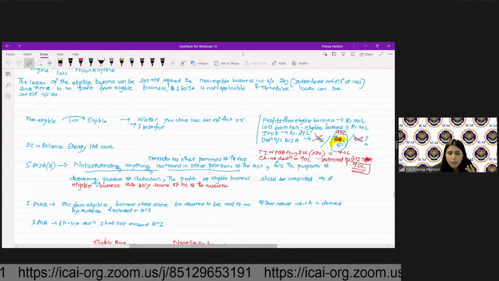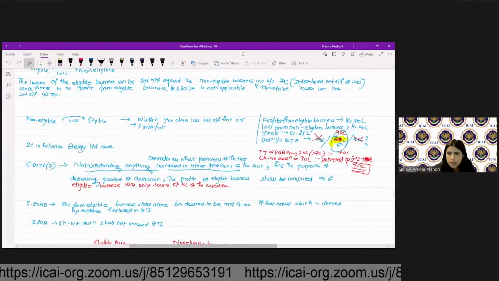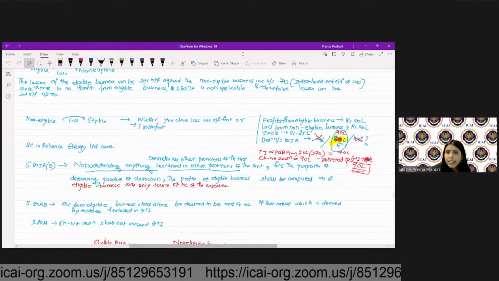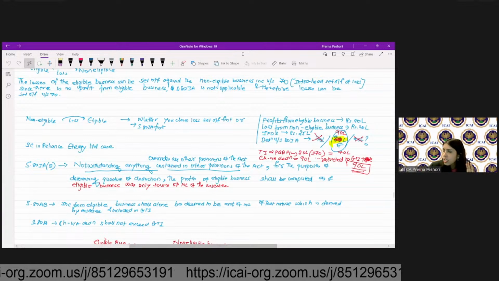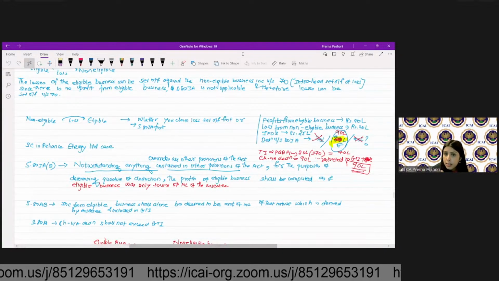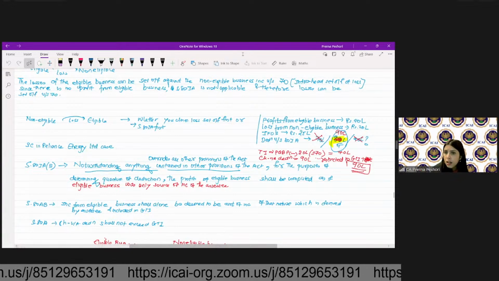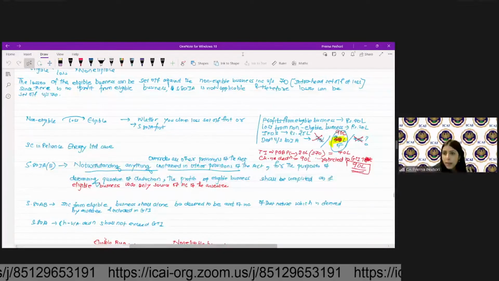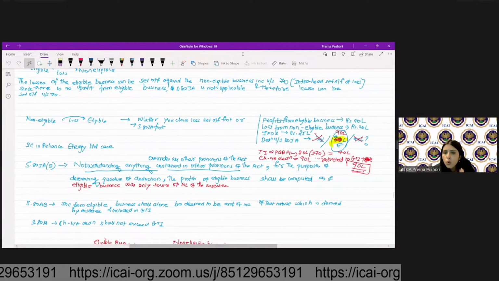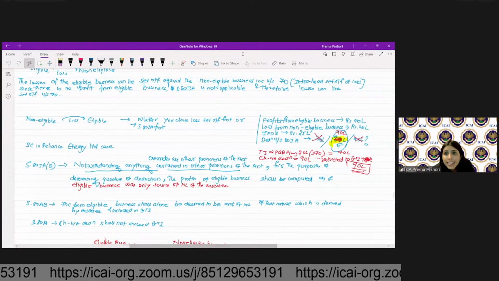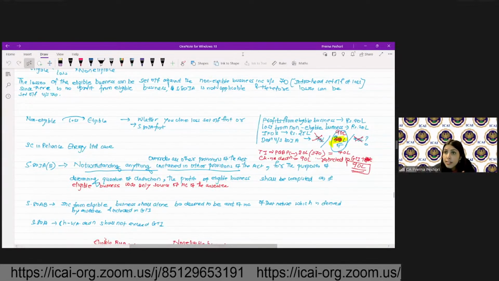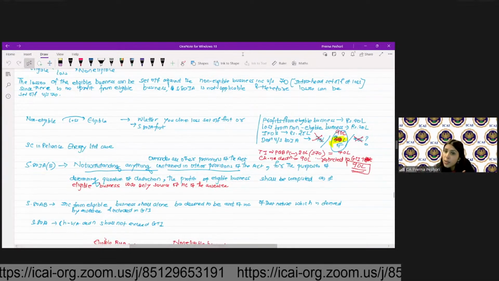So in case you have an eligible business and a non-eligible loss, then in that particular case, my total income here will be the PGBP, which is 90 lakh, minus 20, which is 70 lakh. So 70 lakh will be my total income. I will get the deduction under ATIA as 90 lakh. I will not get deduction under ATIA for only 70 lakh. I will get 90 lakh.